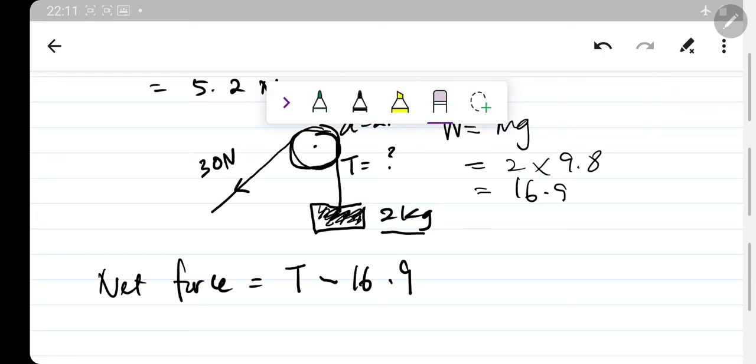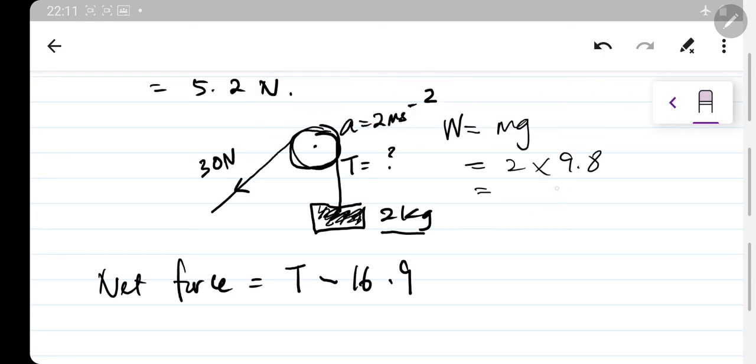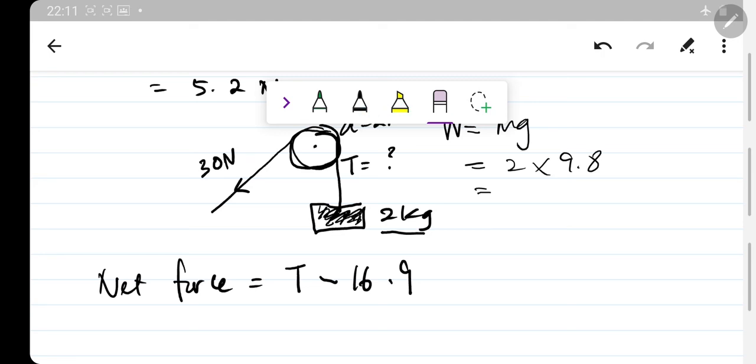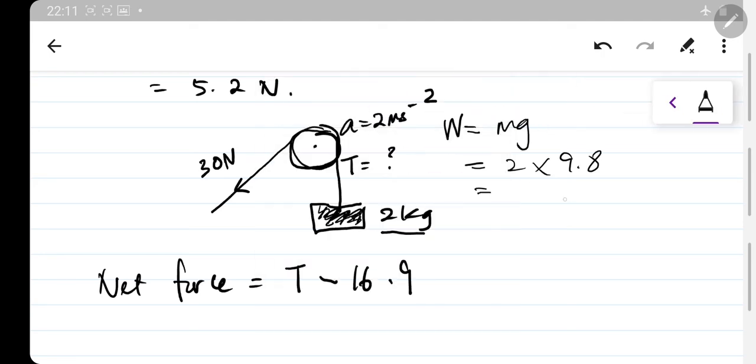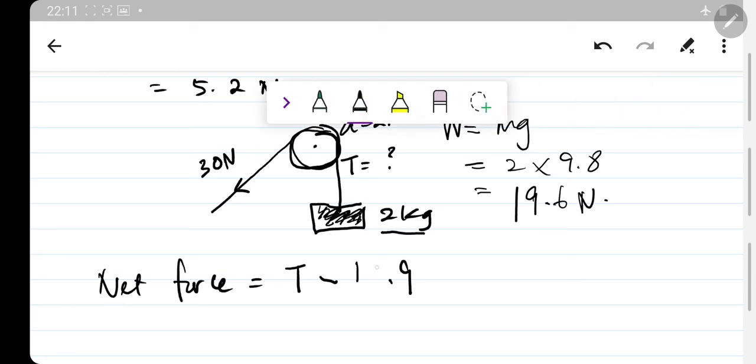I made a mistake because I didn't copy it from that.